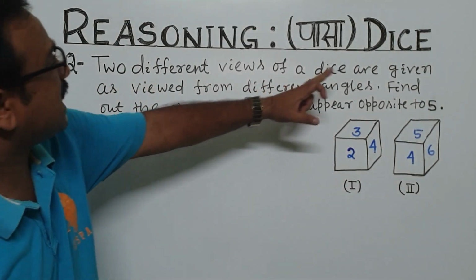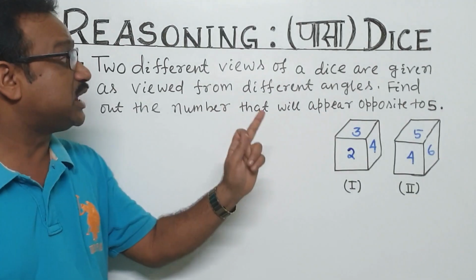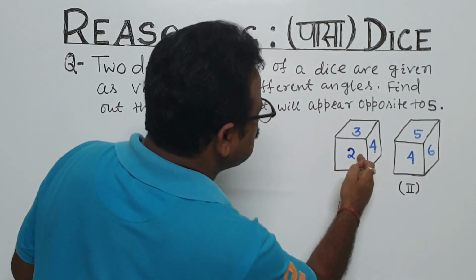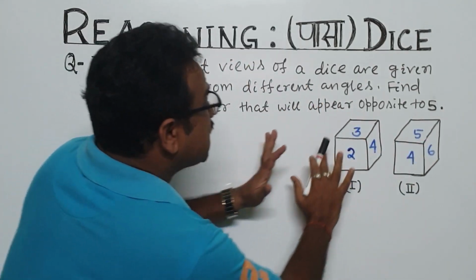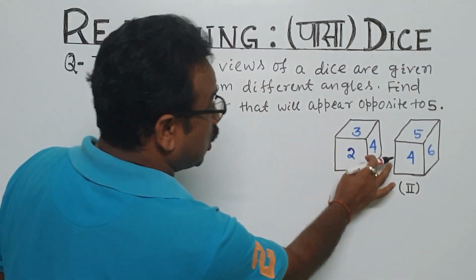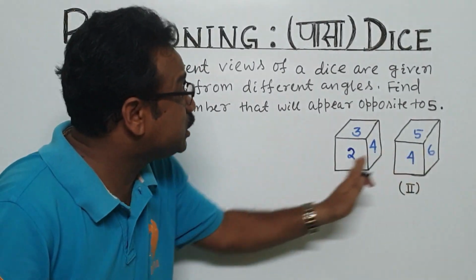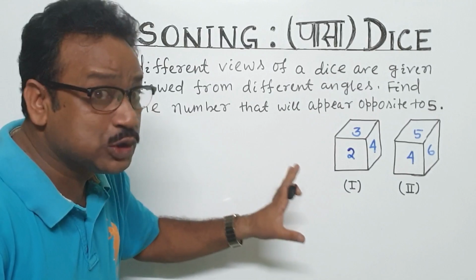Two different views of a dice are given as viewed from different angles. Find out the numbers that will appear opposite to 5. Now see, 2, 3, 4 are given. 4, 5, 6 are given. Is there any common number? Yes. Which is common? 4 is common. So when there is a common number between two given dice or many given dice, then what we will do?